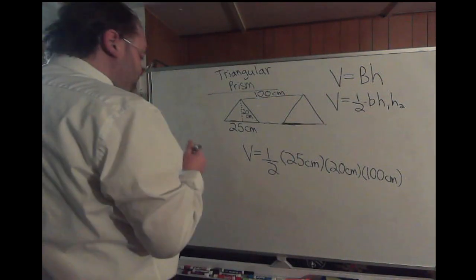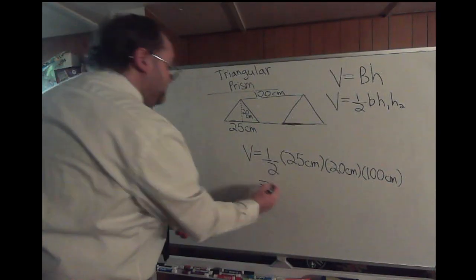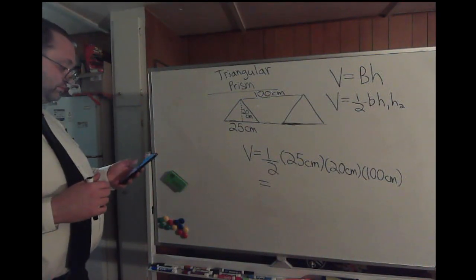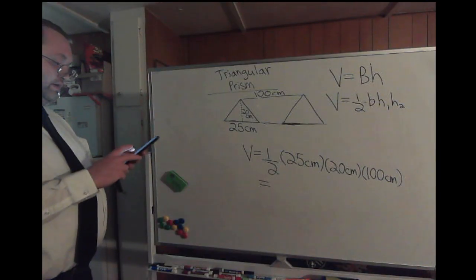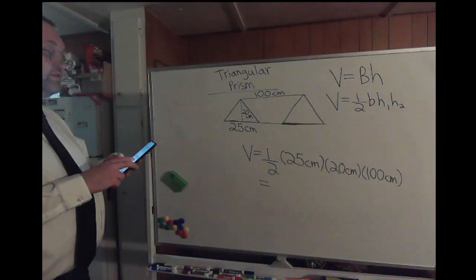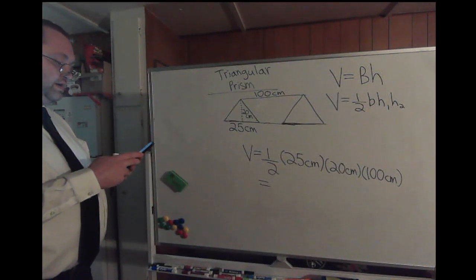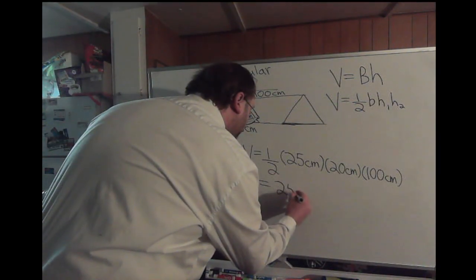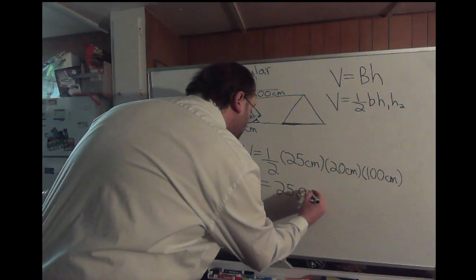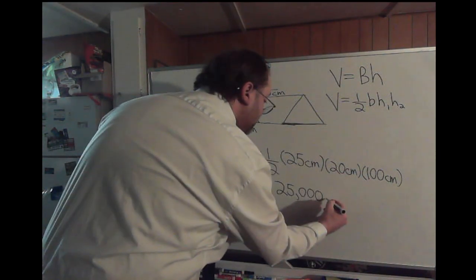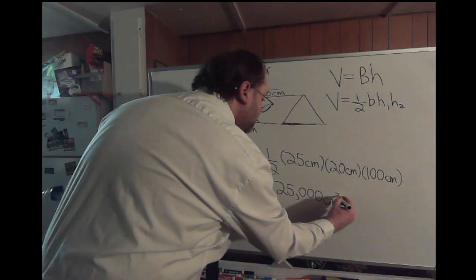Now we can go ahead and do the multiplication. It's just a straightforward multiplication problem. You have 1/2, which is 0.5, times 25 times 20 times 100. You would get 25,000. Then you have centimeters times centimeters times centimeters. That's cubic centimeters.